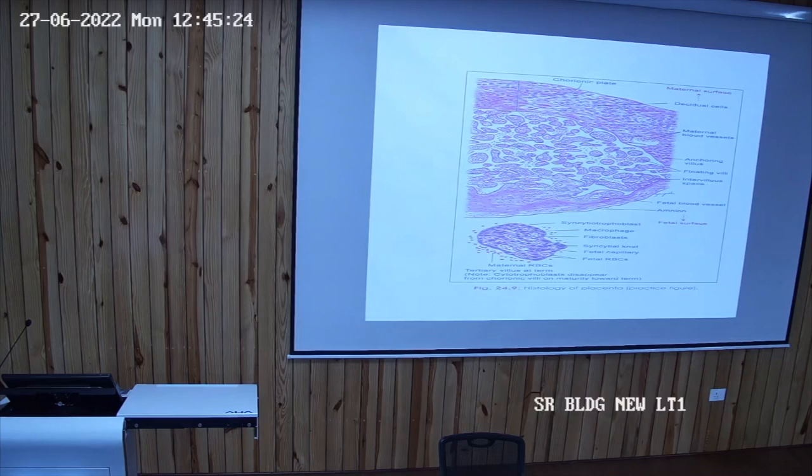Which layer persists, and when? The syncytiotrophoblast continues up to 4 to 5 months, while the cytotrophoblast disappears.